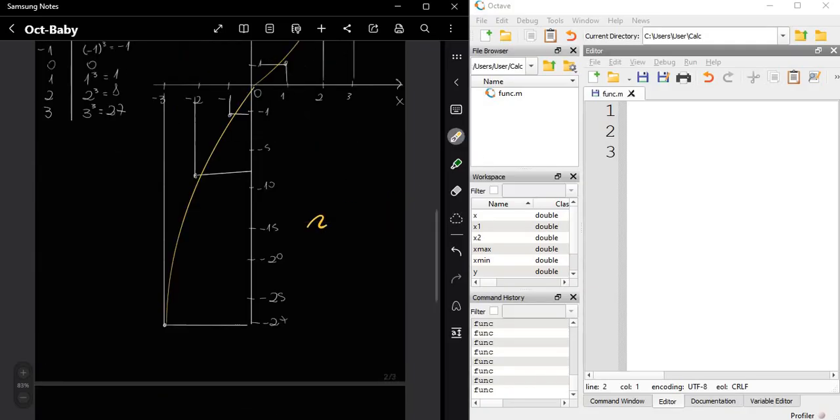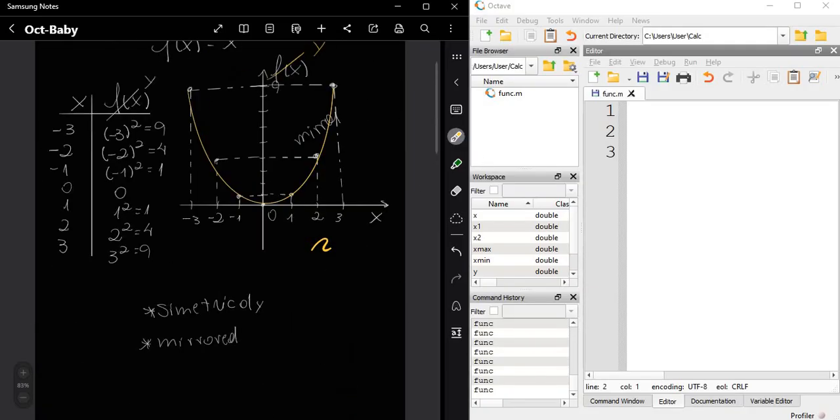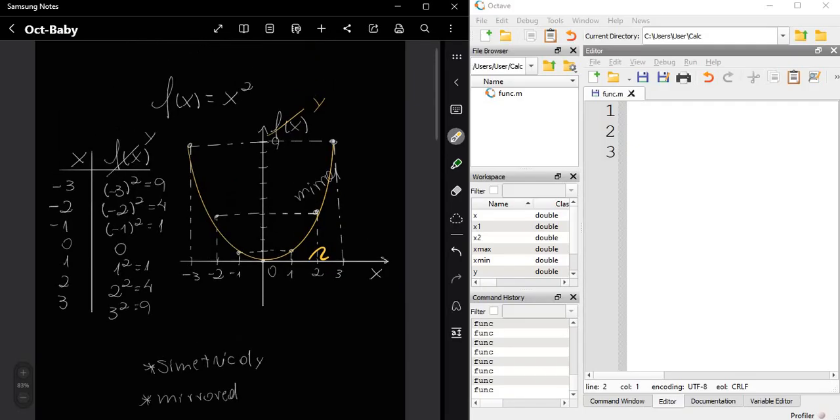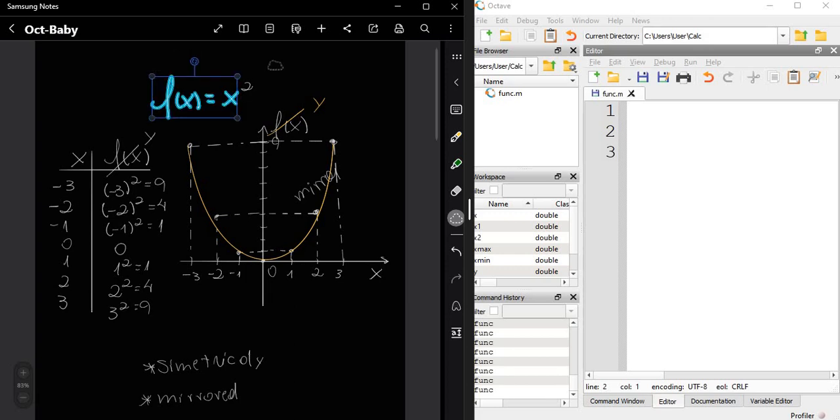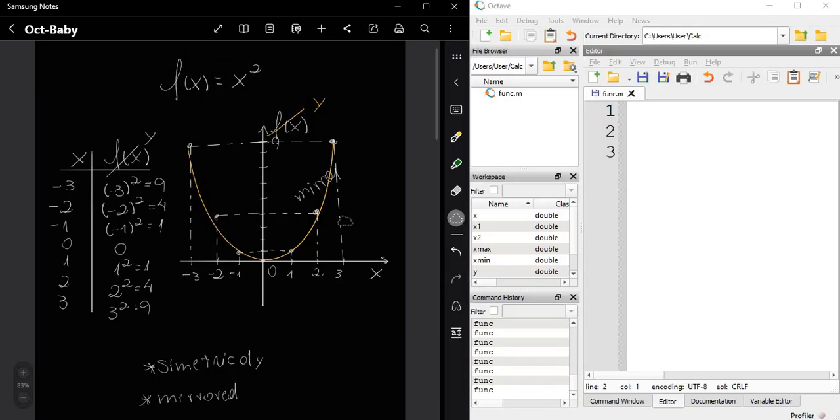So we saw how to do a sketch by hand, just paper and pencil. So we plotted x squared.